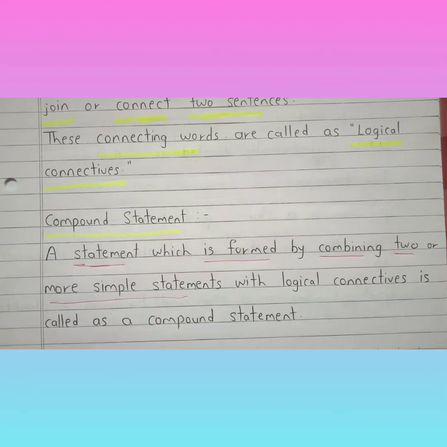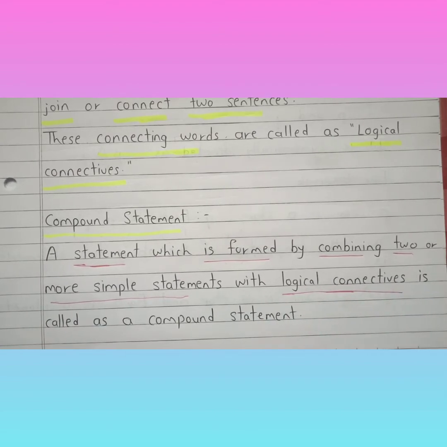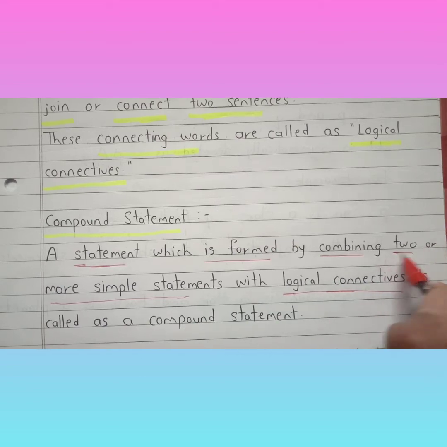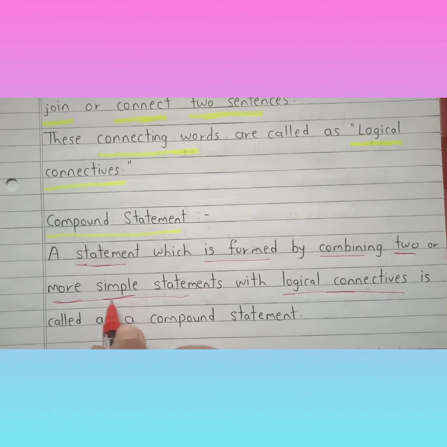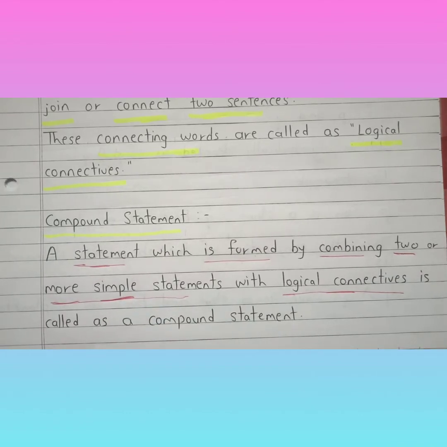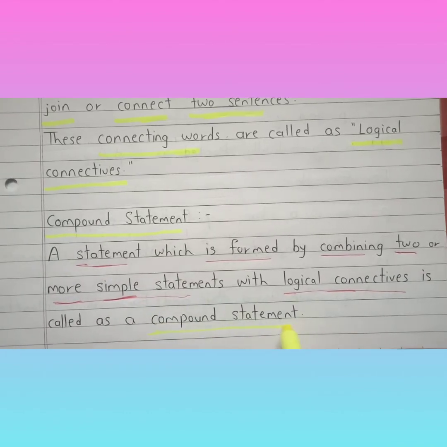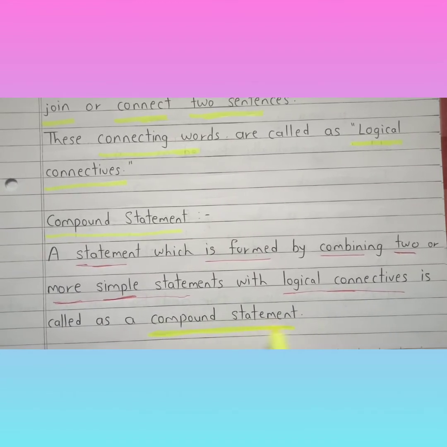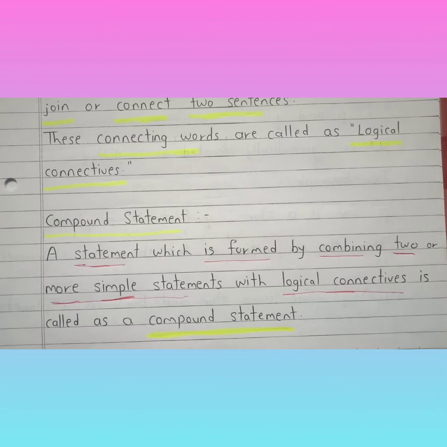If you combine two or more simple statements with logical connectives, you can use 'and', you can use 'or', then such a statement is called a compound statement. The resulting statement will be your compound statement.